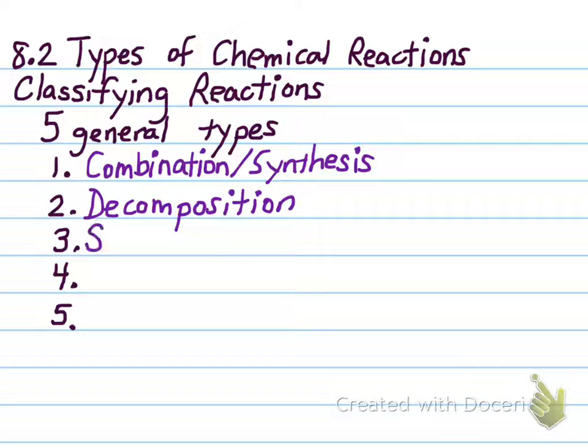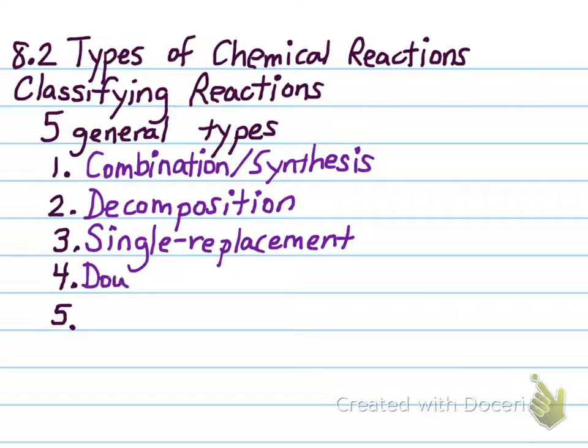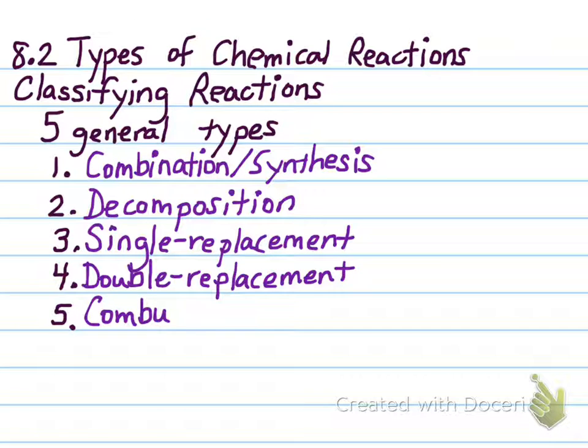Third type, and the one we're going to finish up with today, is the single replacement reaction. The next time we do notes, we'll talk about a double replacement reaction. And last but not least, we'll talk about combustion reactions.